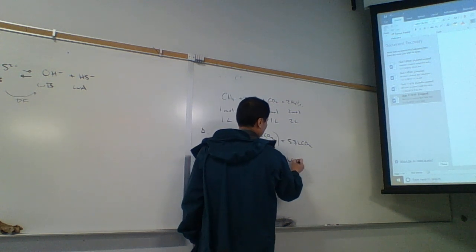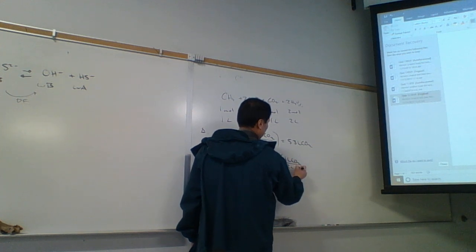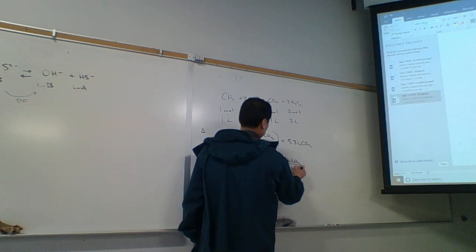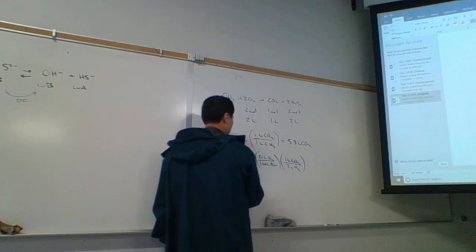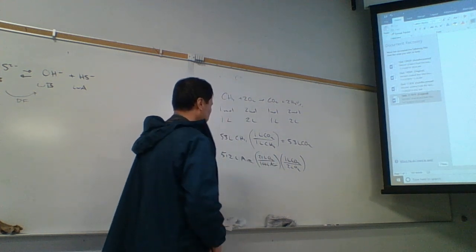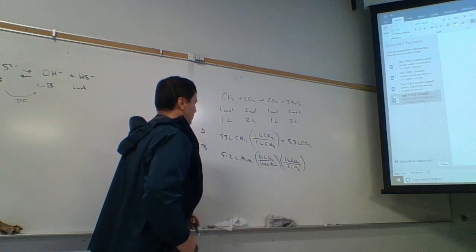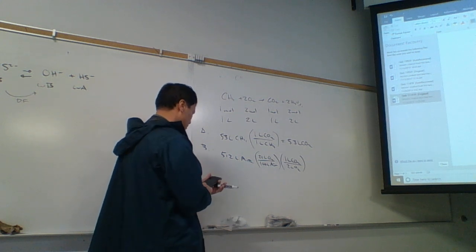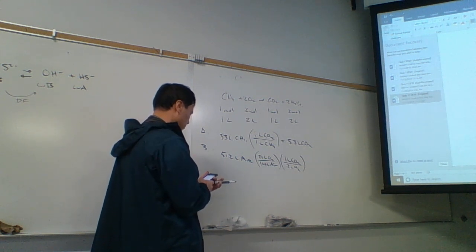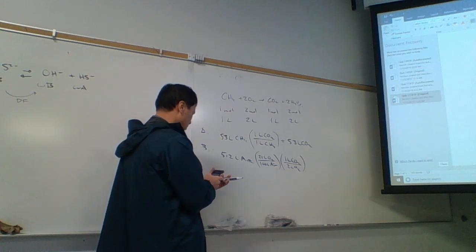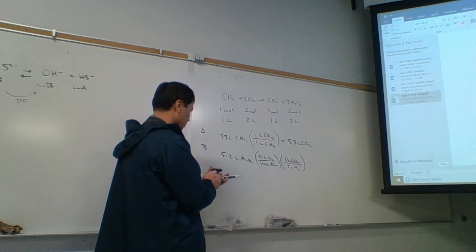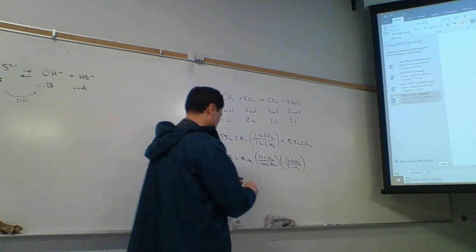So 1 liter of CO2 on top, 2 liters of O2 on the bottom. And so 512 times 21 divided by 100 divided by 2. So let's see what that comes out to. So 512 times 21 divided by 2.